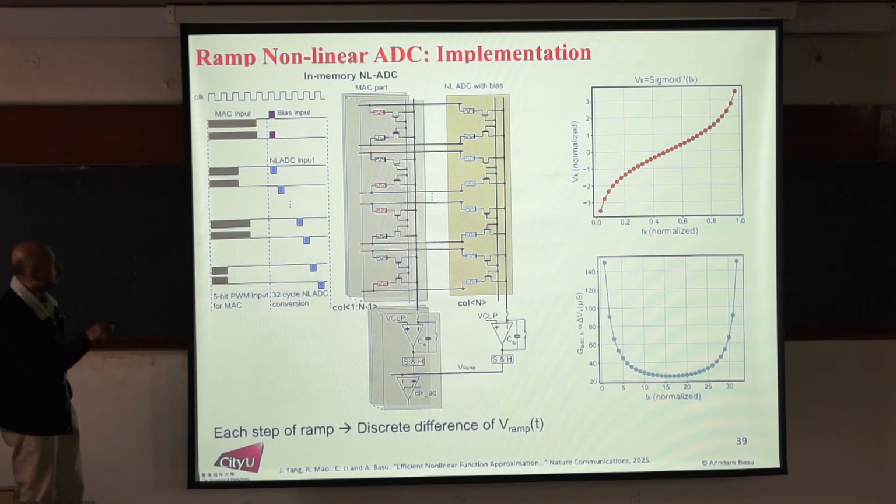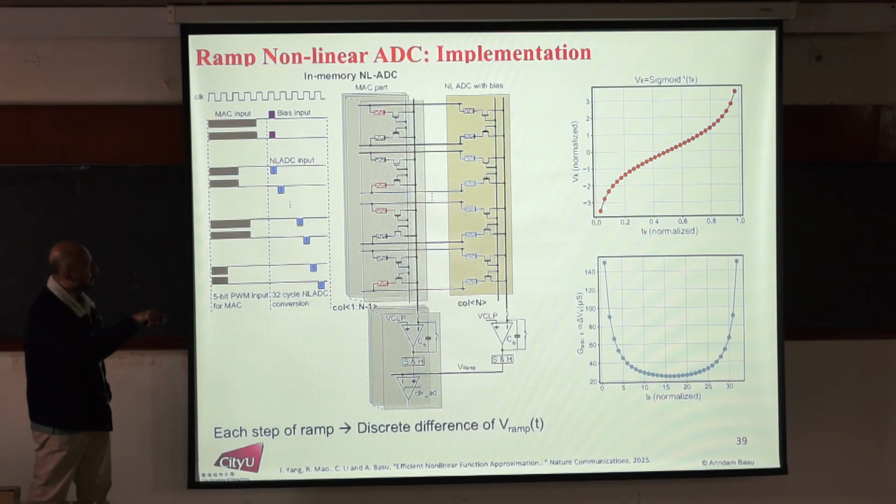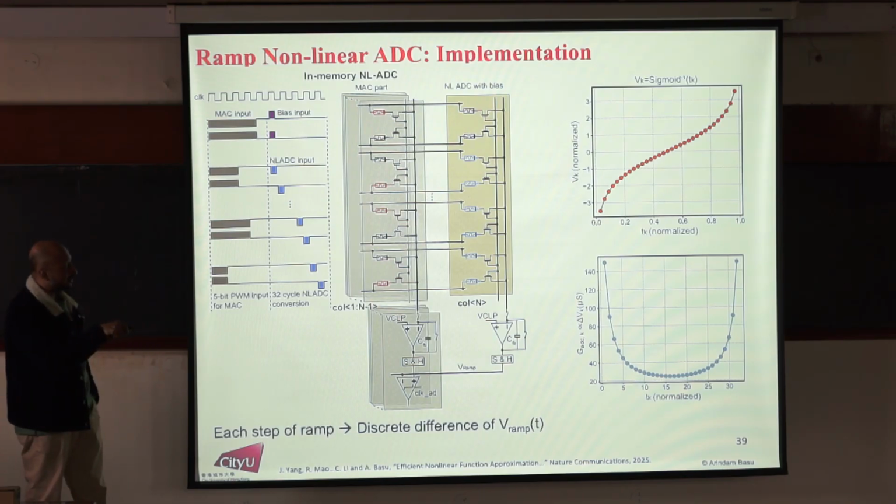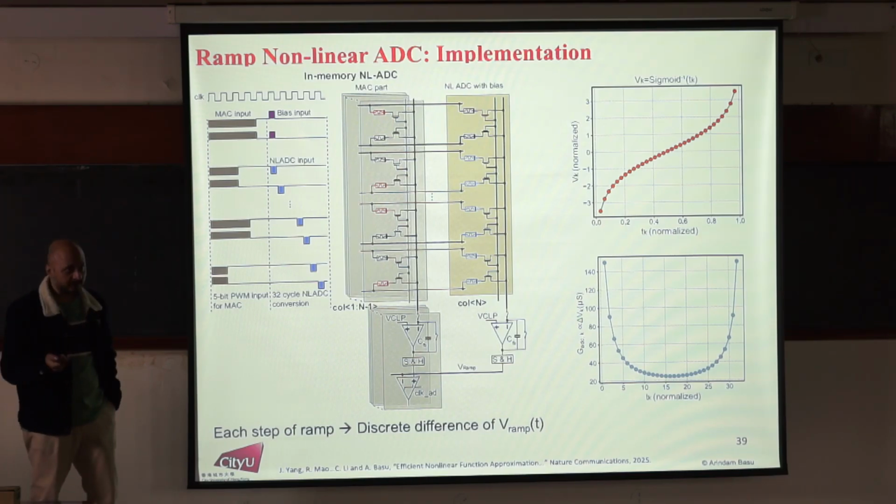Key thing to remember, if you look at the ramp shape, each of the steps, the delta of the step, is different. In a normal straight line ramp, every delta is the same. What's happening then is for each of these deltas, I can program the conductance proportional to this delta. Because I have memristors, I can program these steps to be different.